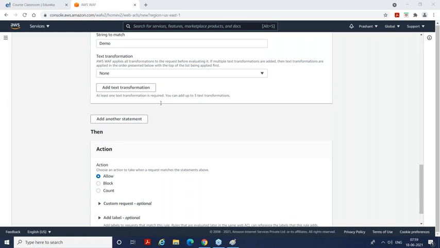WAF is very much specific to your web servers and your web application. Now let's say you want to protect your databases, your storage from unauthorized access, your network and other resources of your organization. For that purpose, you need to configure a firewall. Clear, Vivek? Does that answer your question?